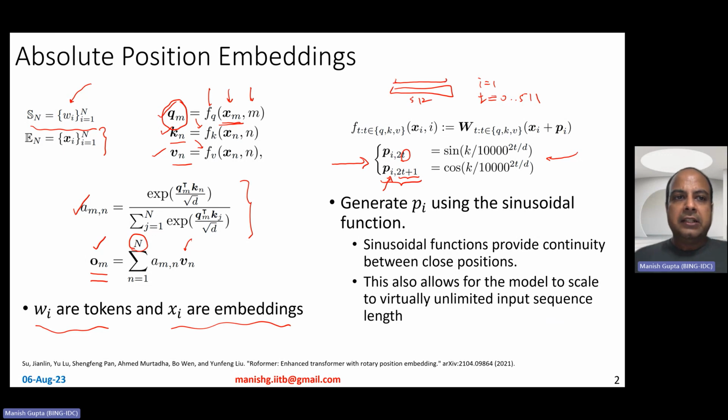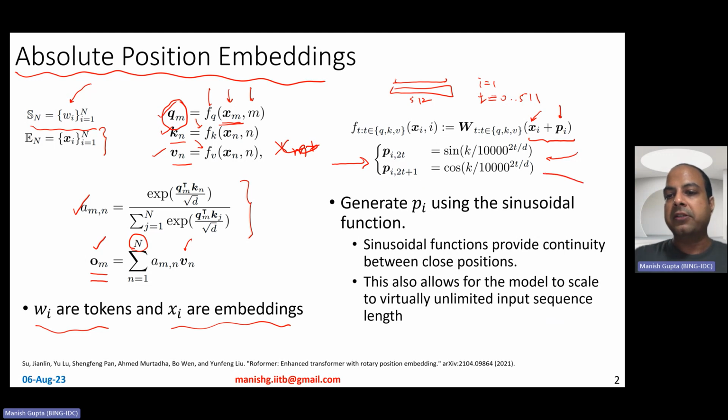So that's that. Absolute position embeddings encode the absolute position of the token using arithmetic addition. So all people do is x_i plus p_i, where x_i is the token embedding and p_i is the position embedding. And p_i is computed using this sinusoidal formula that you see here.